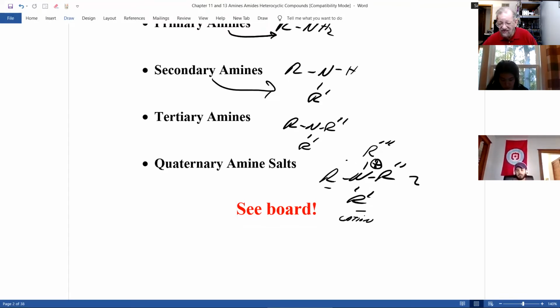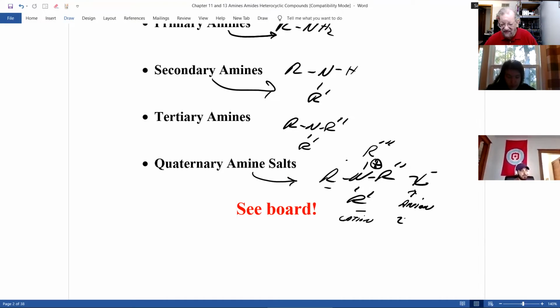And for this class, I'm going to stick to the halogens. This is an anion. And therefore, in quaternary ammonium salts, you have 4 covalent bonds to nitrogen, plus an ionic bond between the nitrogen and the halogen anion.